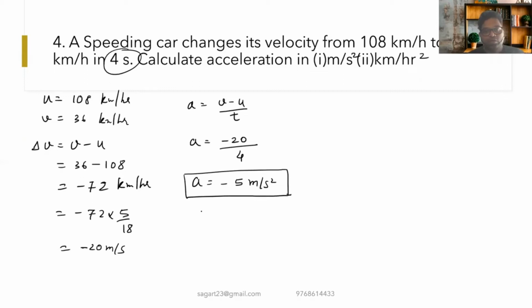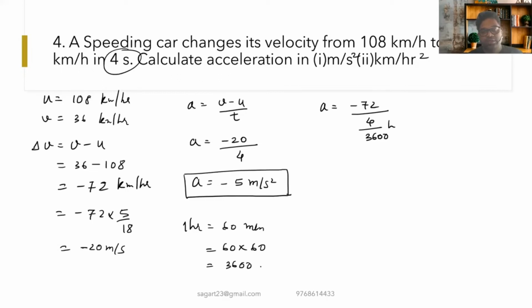Okay. So now if I want kilometer per hour square, then what I can do is I can rather use 72 kilometers per hour and 4 seconds. Now that will be 3600 hours. Just to tell you that 1 hour is equal to 60 minutes, and each minute has 60 seconds.